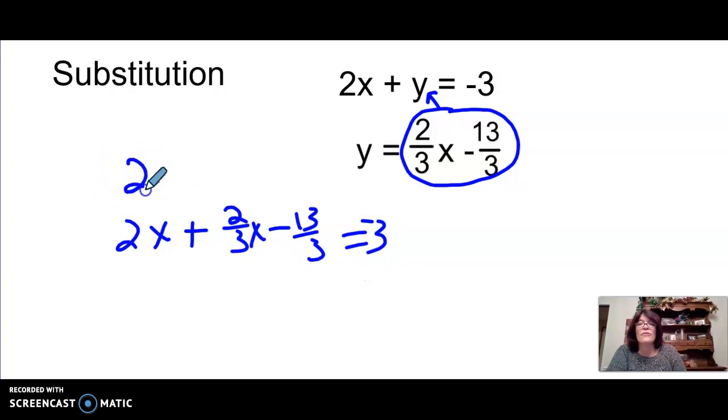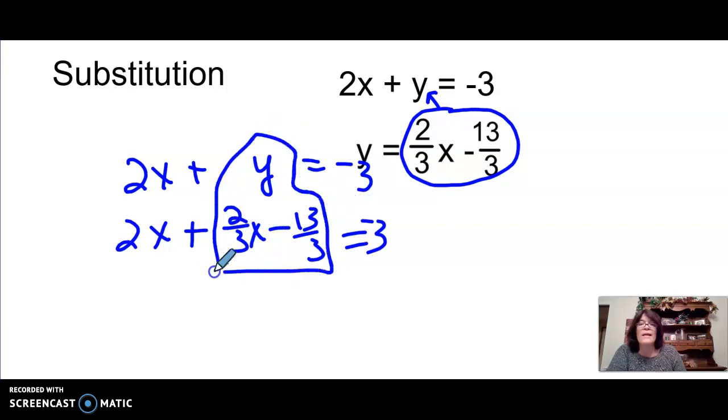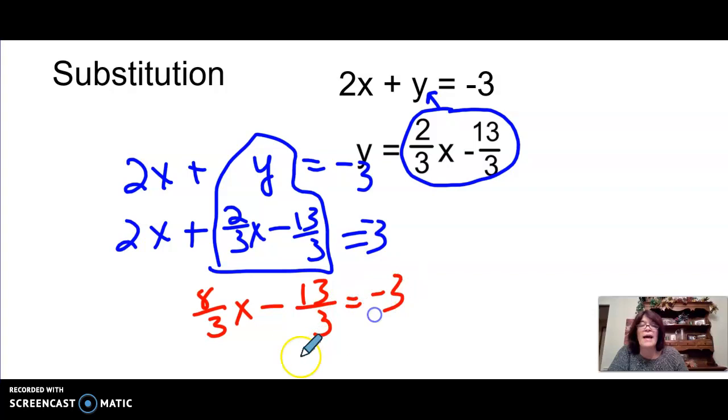Okay, so instead of 2x plus y equals negative 3, since y and 2/3 x minus 13/3 are the same thing, where the y is, I'm going to just put 2/3 x minus 13/3. So we combine like terms. 2 plus 2/3 is 2 2/3, or 8/3. And then, of course, I'm going to add 13/3 to both sides.